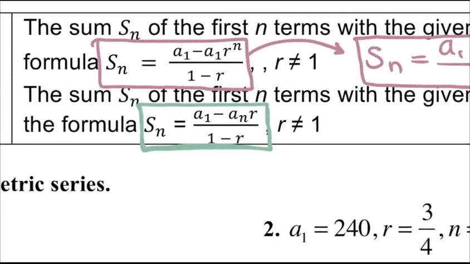Let me zoom in so you can see all those little details. Really, it's just this last term that's different. This is the a sub n instead of a sub 1, and it's just times r. There's no r to the nth. So the only difference is this last term. Everything else is the same.